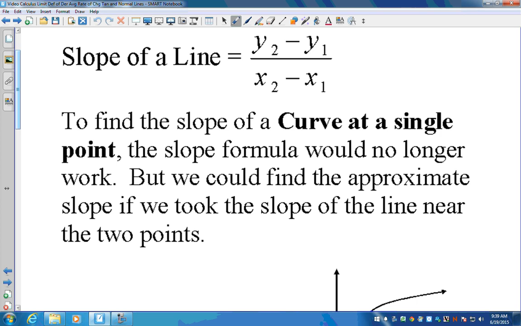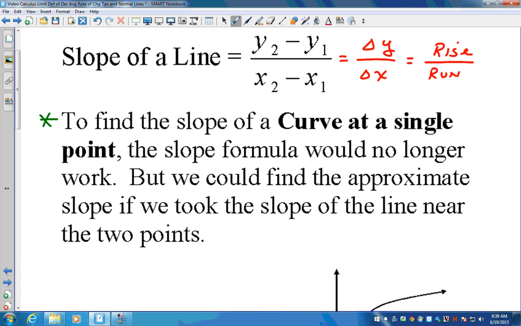We typically think of that as the change in y over the change in x, or rise over run. All of that is slope, and all of the slope is going to be a rate of change. This is really fundamental to calculus.